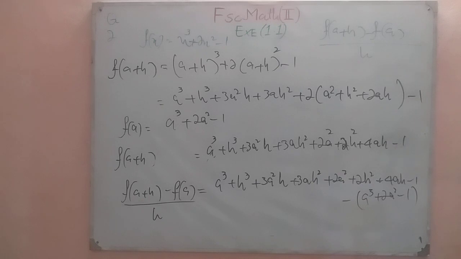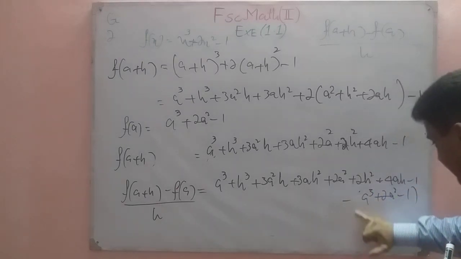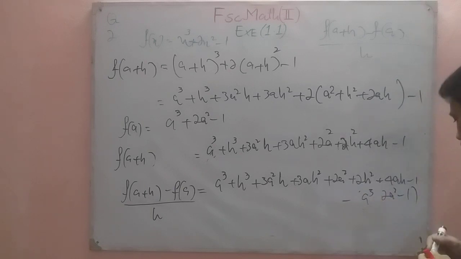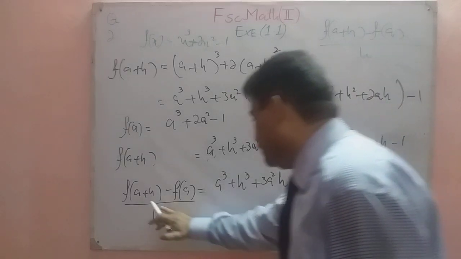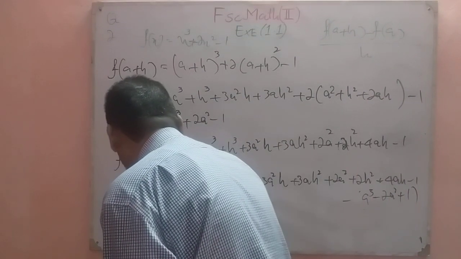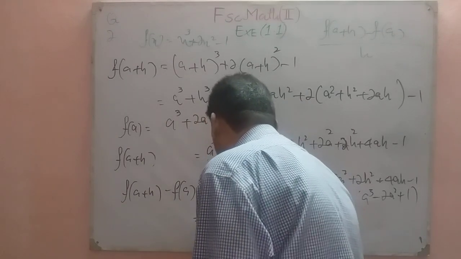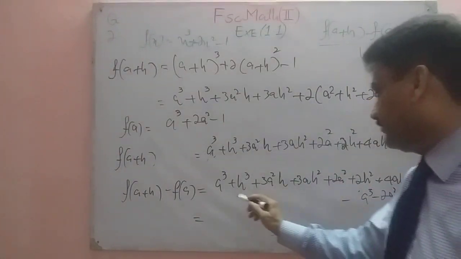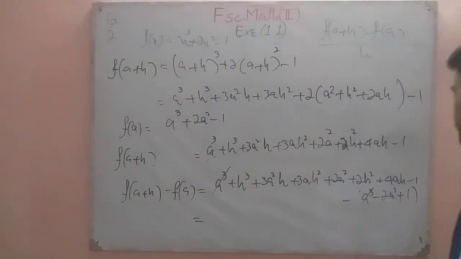Now when this negative sign multiplies the terms in the bracket, the signs of the terms in the bracket will be changed, and we write minus a cube minus 2a square plus 1. Now after cancellation we cancel a cube minus a cube, minus 2a square plus 2a square.